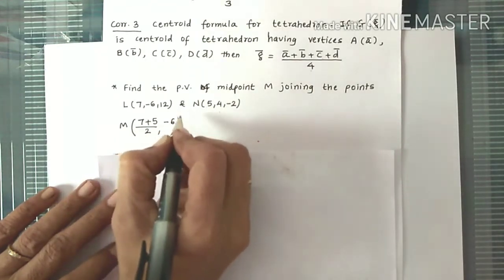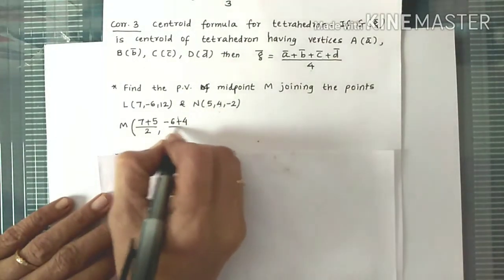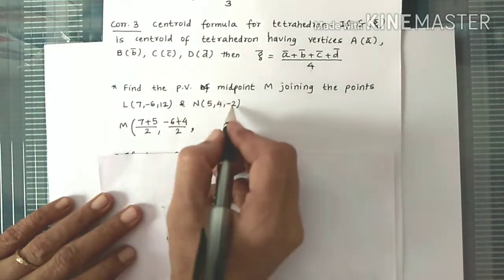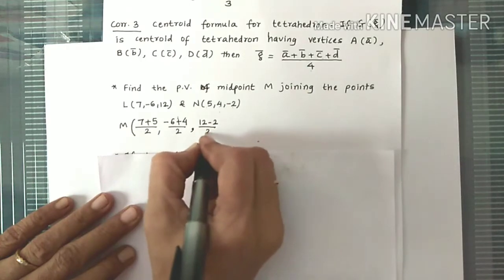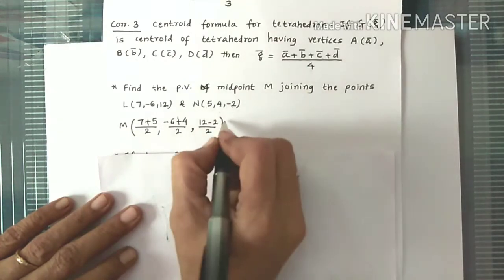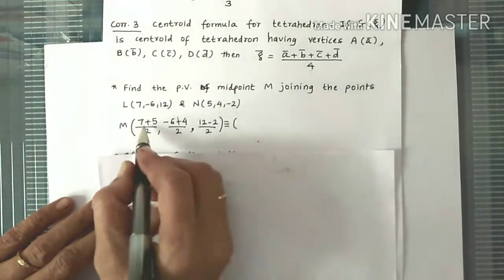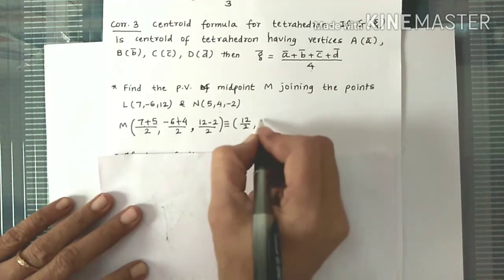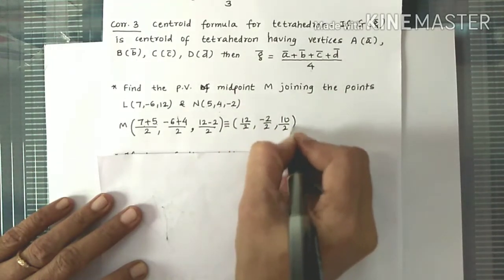the y coordinates of the endpoints are -6 and 4, so (-6 plus 4) divided by 2, and the z coordinates are 12 and -2, so adding those and dividing by 2 we get (12 minus 2) upon 2. Let's solve this. Solving this we get (7 plus 5), that is 12, divided by 2, then -2 by 2, and the last one is 10 by 2.